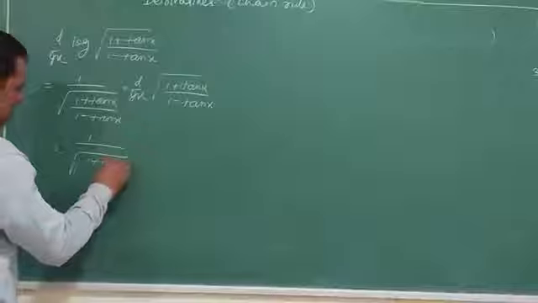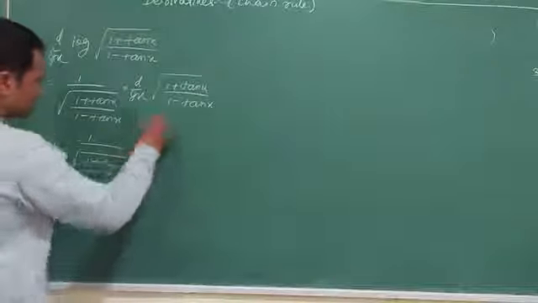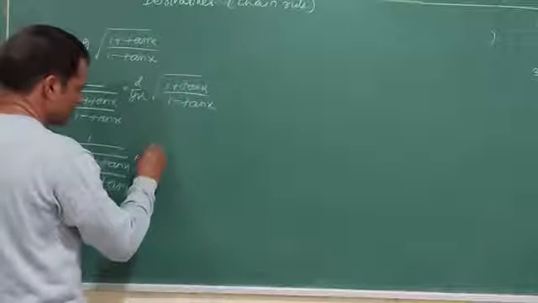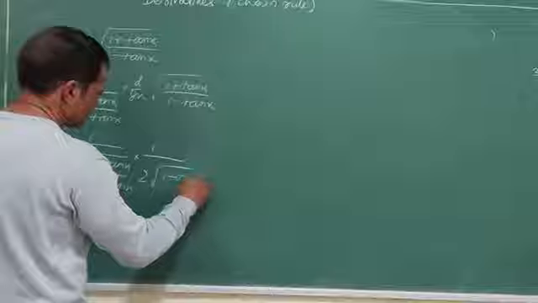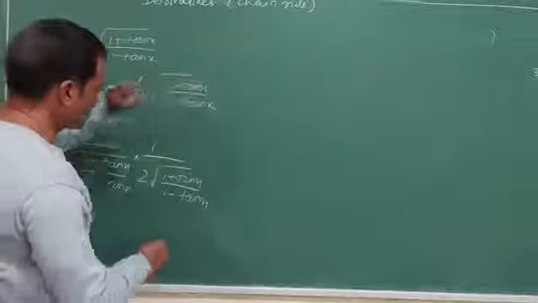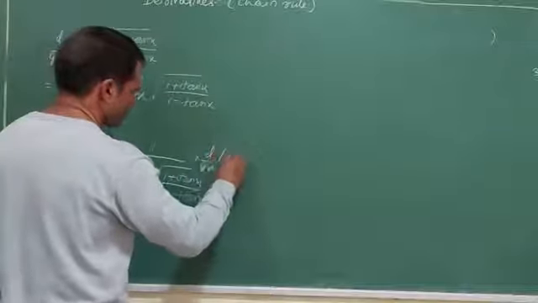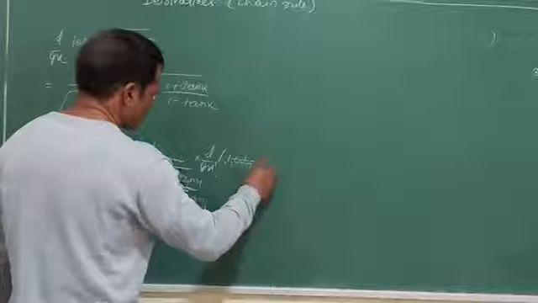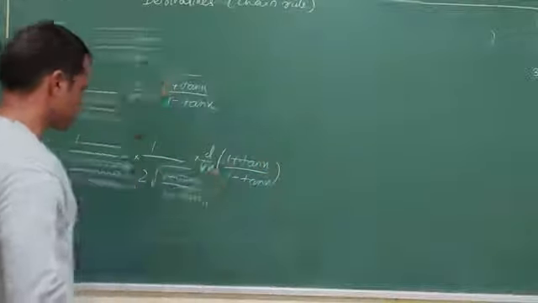This is root x, derivative 1 by 2 root, into, you have done the derivative of root, into dy dx of (1 plus tan x) by (1 minus tan x), and applying quotient rule here.